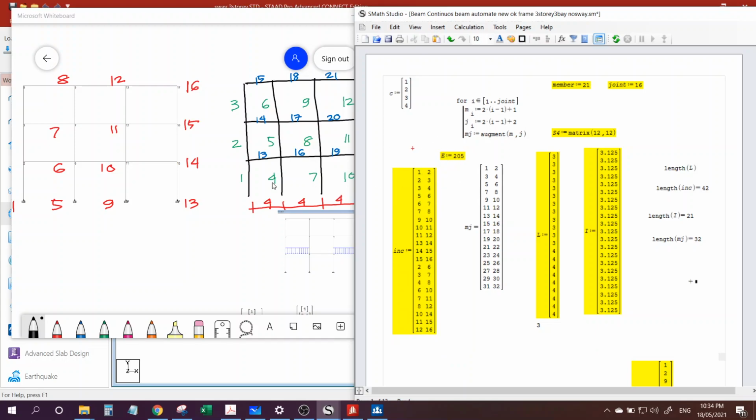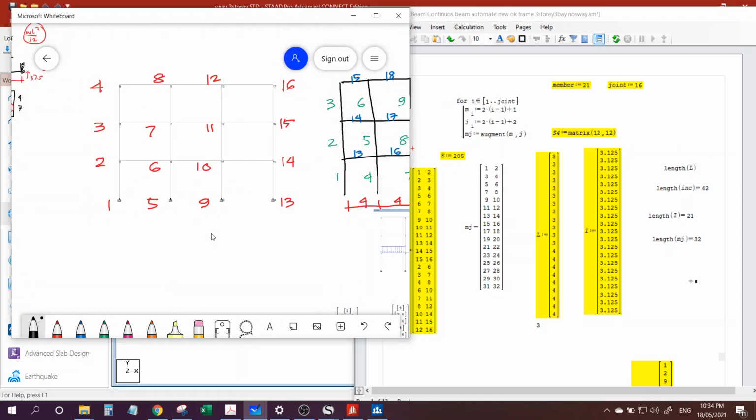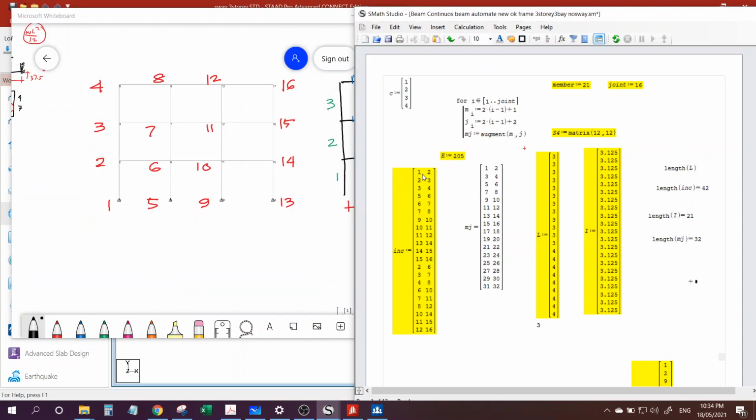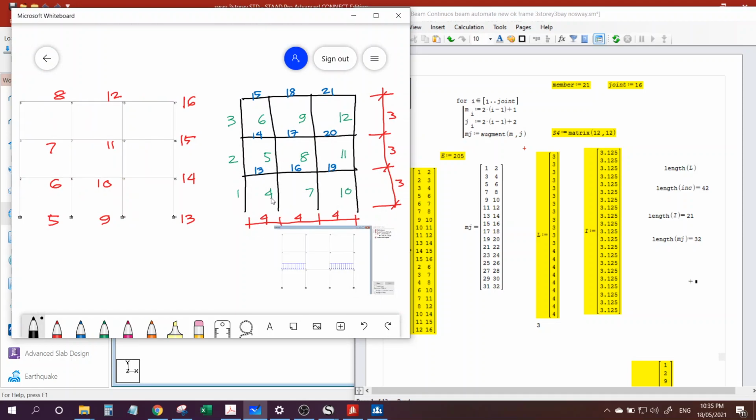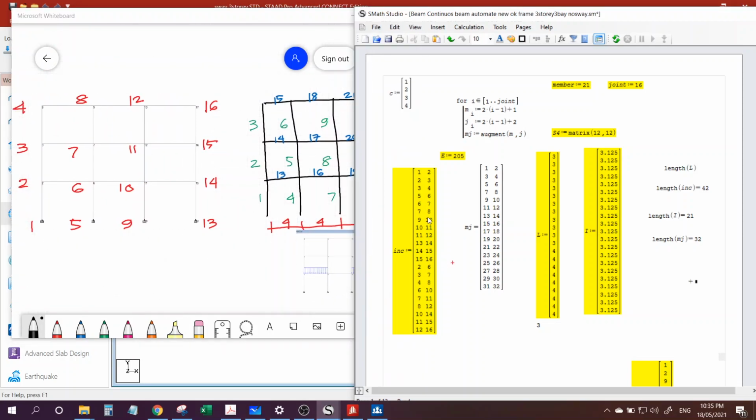For the incidence, I need to define the connecting joints. Member 1 connects joints 1 and 2. Member 2 will be 2 and 3, member 3 will be 3 and 4, member 4 will be 5 and 6, and so on until member 15, 16. As you see, that is consistent with my numbering here.